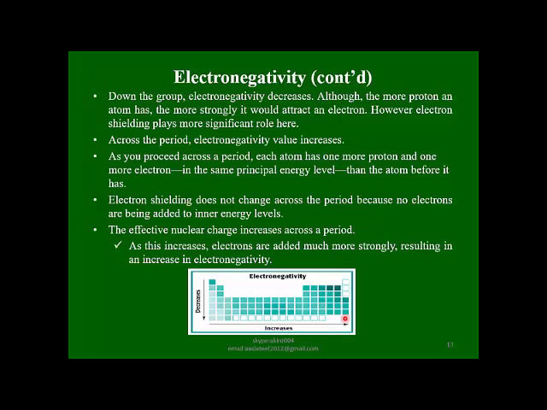We can use effective nuclear charge to explain it, the same thing as we have explained in atomic radius, because as you increase the nuclear charge, you are expecting more force from the nucleus on the electrons. So in that case, we are increasing the electronegativity value.